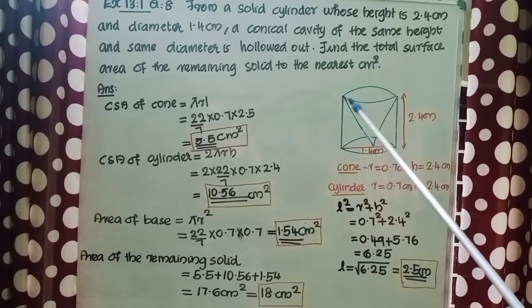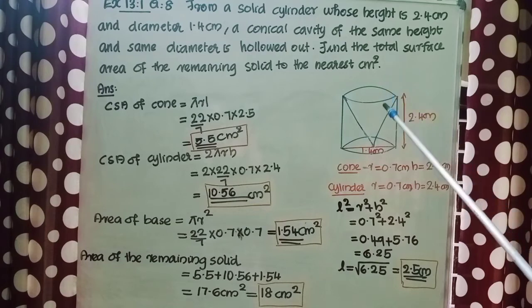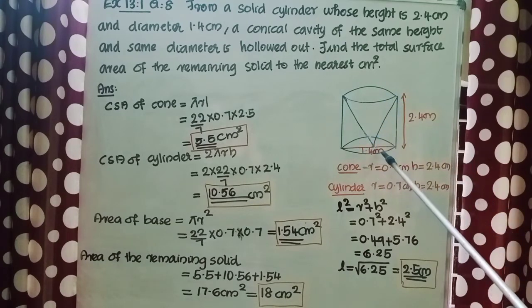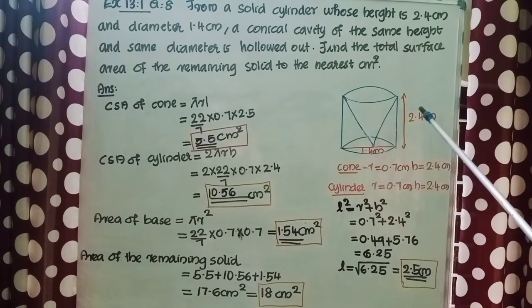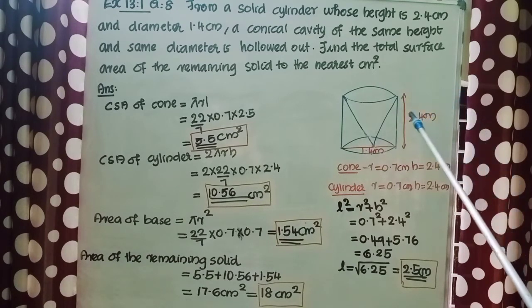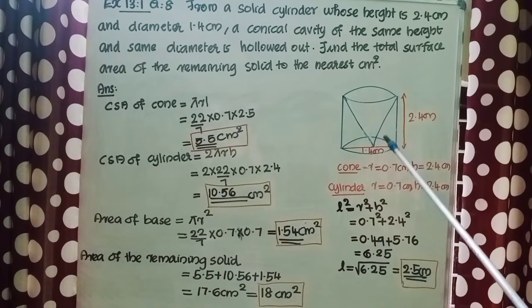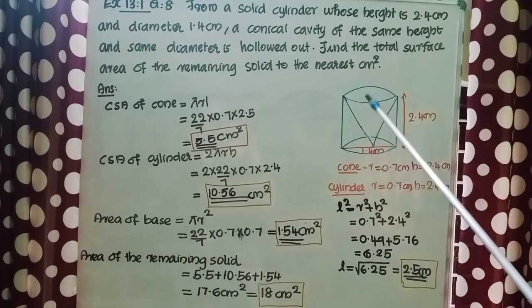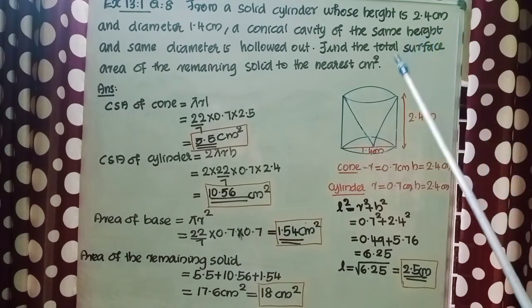So, there is a solid cylinder with the diameter 1.4 centimeter and height 2.4 centimeter. From this solid cylinder, a conical cavity is hollowed out.